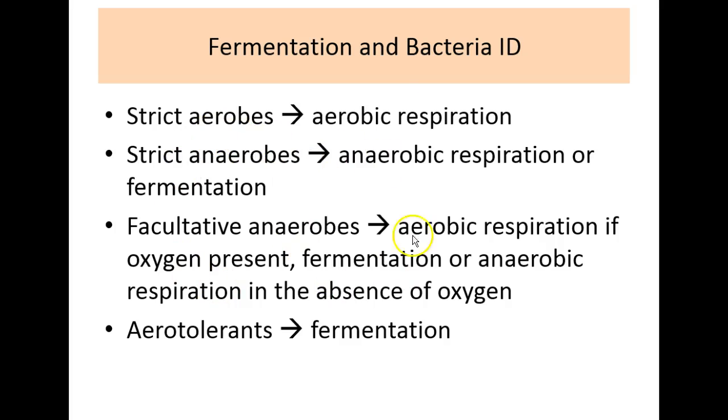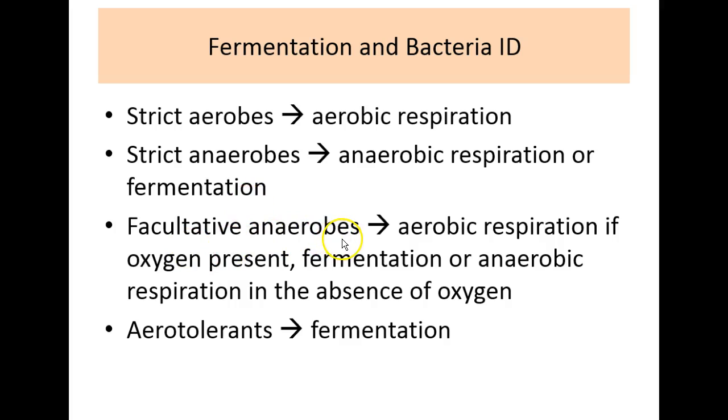As a summary of what we have been looking at in both Chapter 4 and Chapter 6, remember strict aerobic organisms make energy ATP by aerobic respiration. Strict anaerobes make energy by either anaerobic respiration or, in some cases, by fermentation.